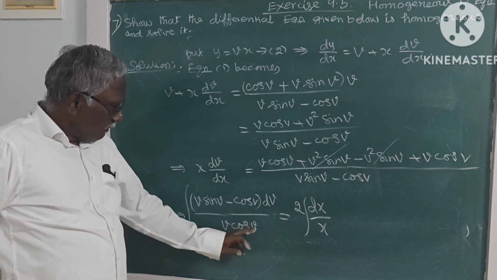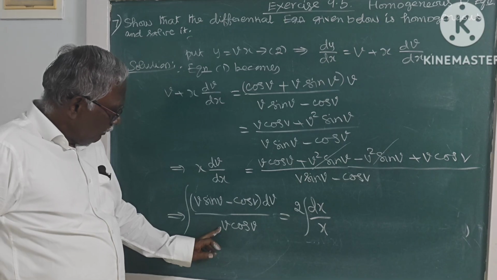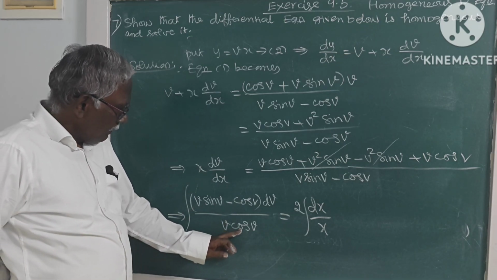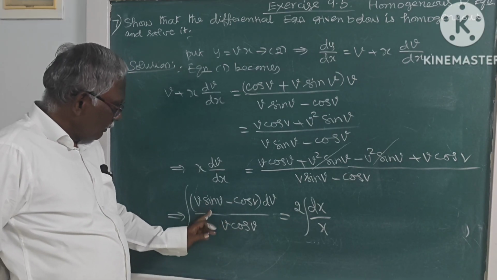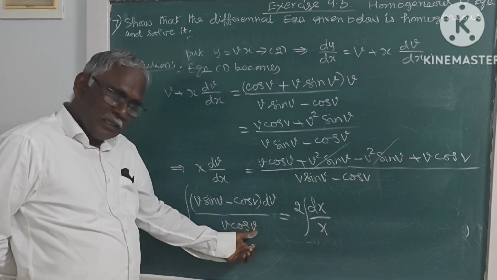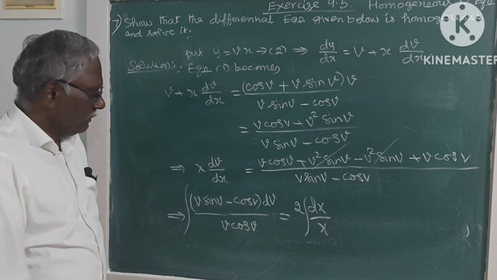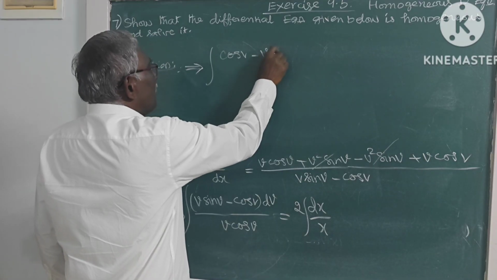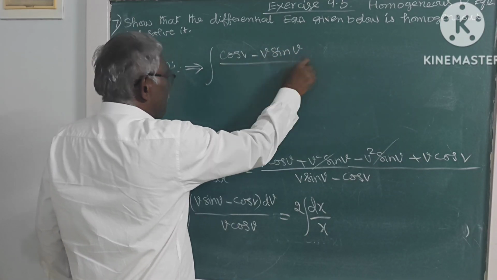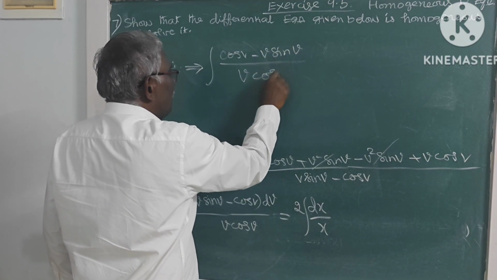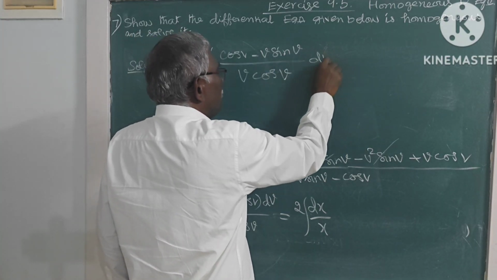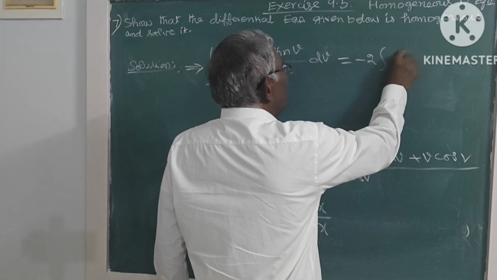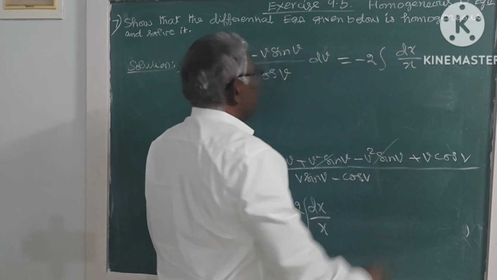Now if we differentiate v cos v, what will come? V into minus sin v, one minus sign is there, plus cos v into 1. So if we differentiate this, we are getting numerator with the minus sign. Integral cos v minus v sin v by v cos v dv is equal to minus 2 times integral dx by x.